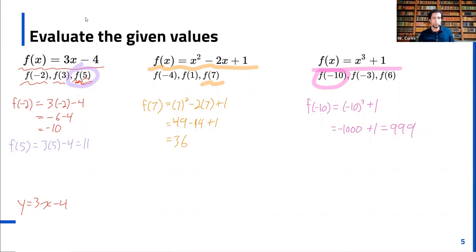Function notation, that's all that's happening. When we see something like one of these, we just evaluate the function when x is equal to whatever the thing is in that function. We did see this a little bit when we talked about interest, simple interest and compound interest.